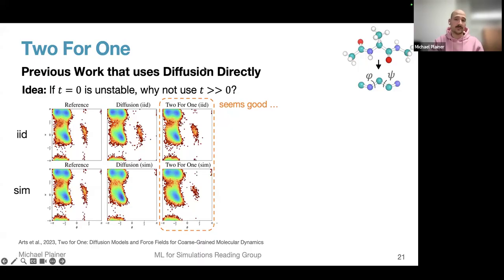And 2-for-1 proposed, okay, if t0 is unstable, why not use a larger t, let's say 0.1. And we see here that it seems to solve some problems. Like we can find this right mode, we can cross this high energy barrier. But unfortunately, since we now use a larger t, we use a score that was trained on the noisy target.